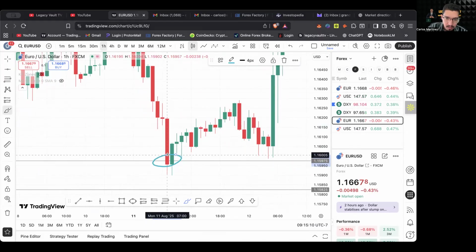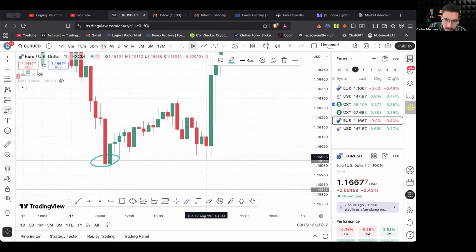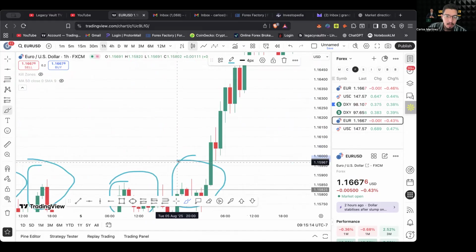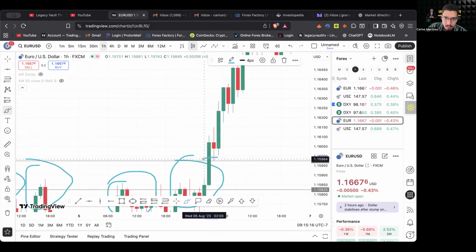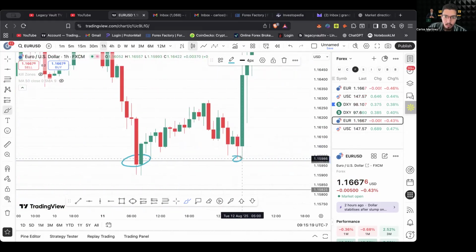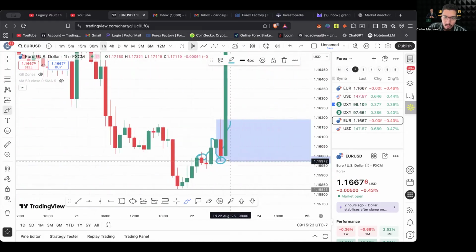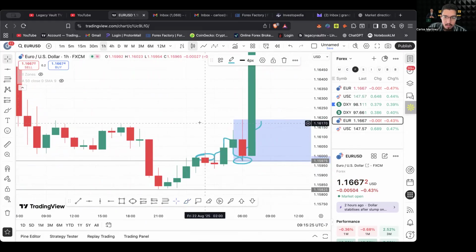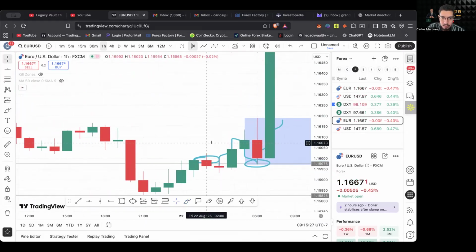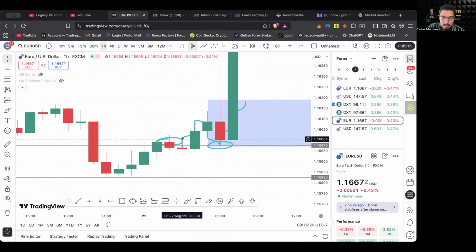There's touches here. It's almost a touch right here. And a touch here. You see? So when you spot this, this is called price action. This is all price action. When you see this activity going on, it's considered a support level.